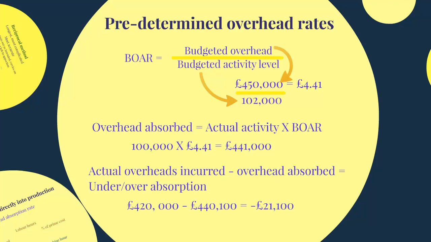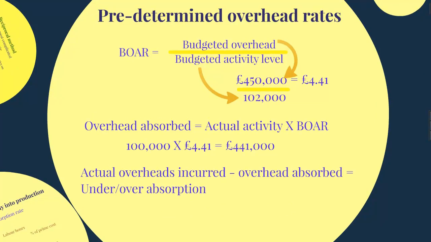Well, in this case, it would actually be apparent that we over-absorbed our overheads because we actually only spent 420,000, but we calculated that we absorbed 441,000, which means that actually we over-absorbed our overheads by £21,000, which of course will now need to be reduced from the profit figure at the end of the year.